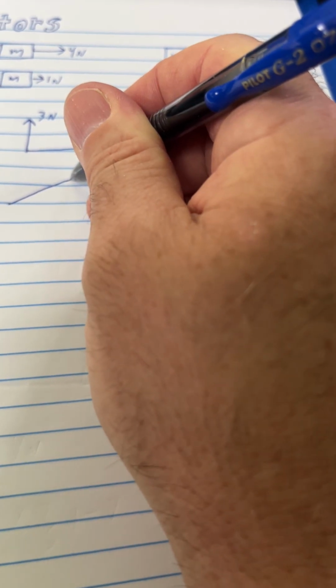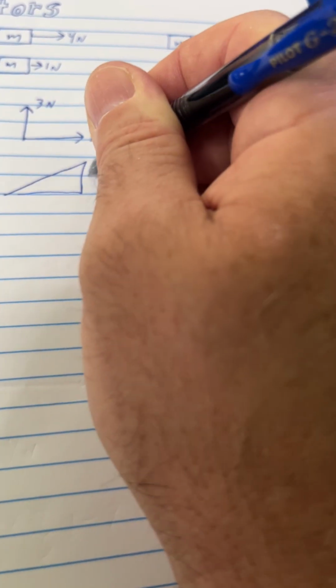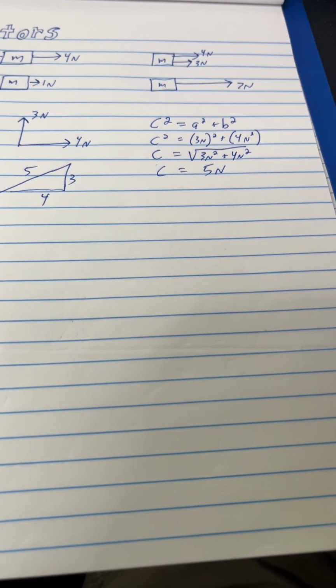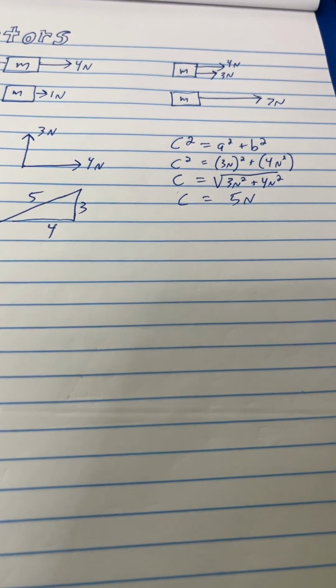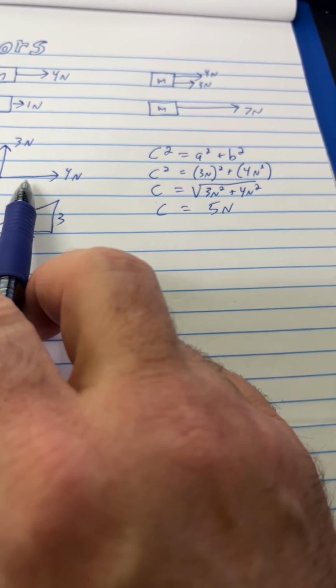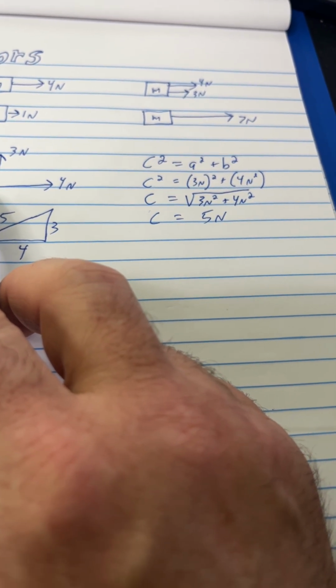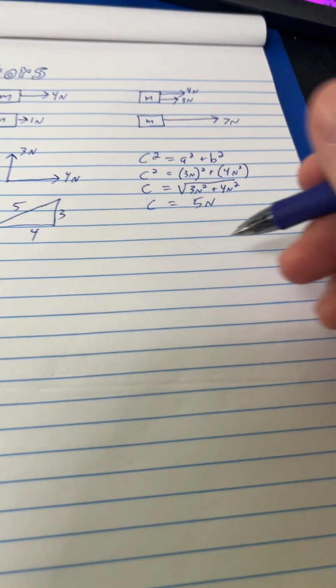And I already know that this is a 3, 4, 5 right triangle, but I could put this into my calculator and I'm going to get 5 newtons is the answer here. So that's the magnitude of the force when 3 newtons and 4 newtons act concurrently, and they're 90 degrees to each other. And now I have to find the angle.